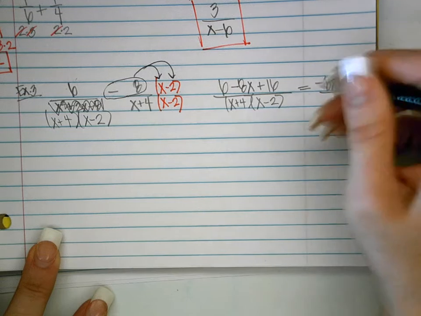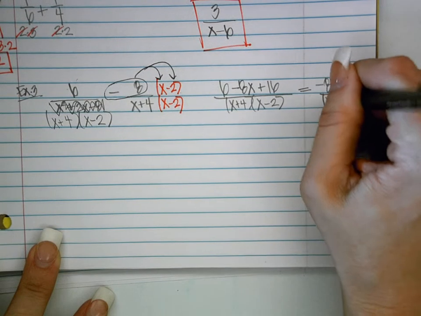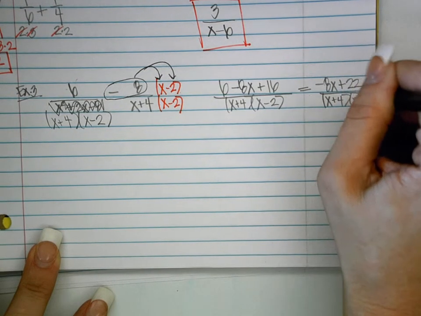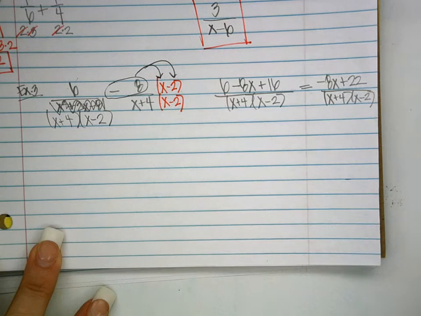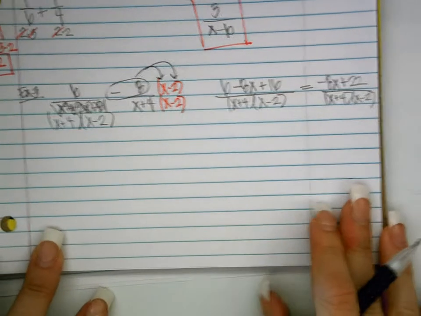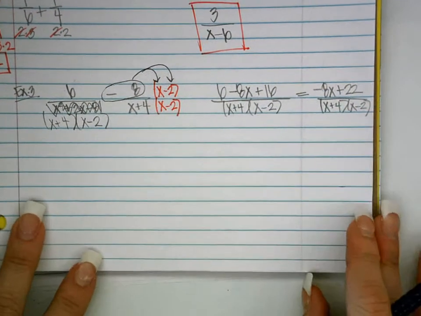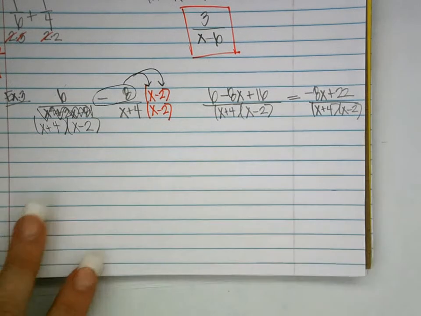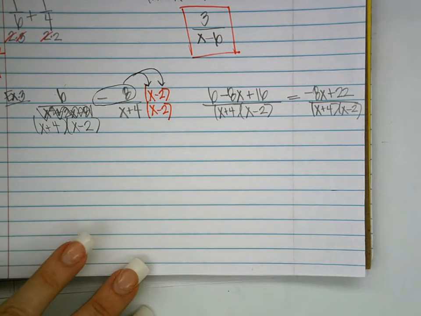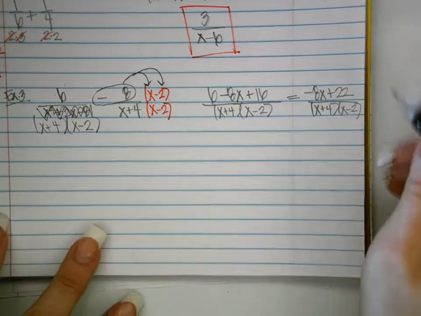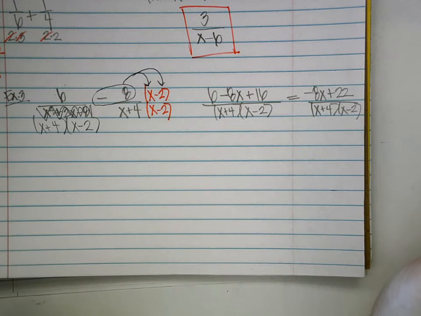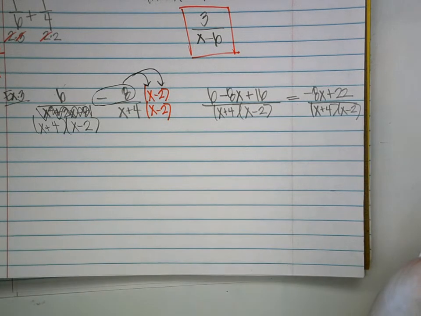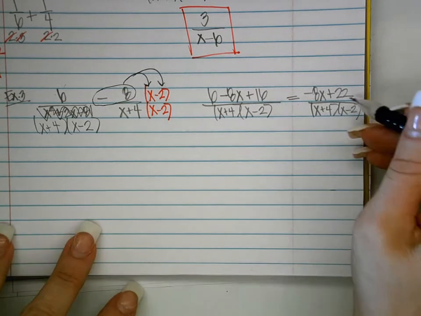Tanner, write this down. Over x plus 4 and x minus 2. Now, do you think anything's going to be able to reduce? How do we know? What do we have to do before we can figure out if something's going to reduce? Factor. So what's the GCF between these two?